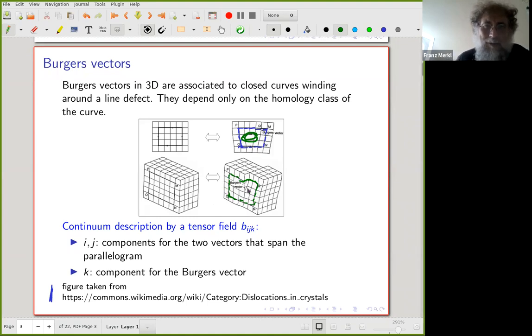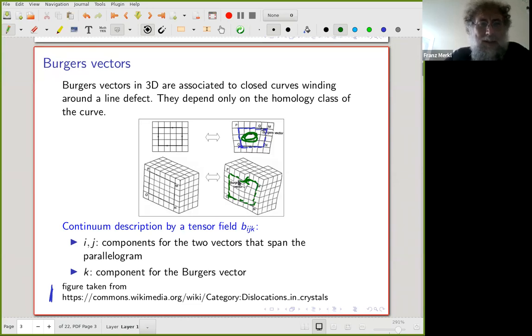And you see we have a balance of this extra step out of the picture, orthogonal to it. So this curve is associated to a Burgers vector pointing outwards of the picture.